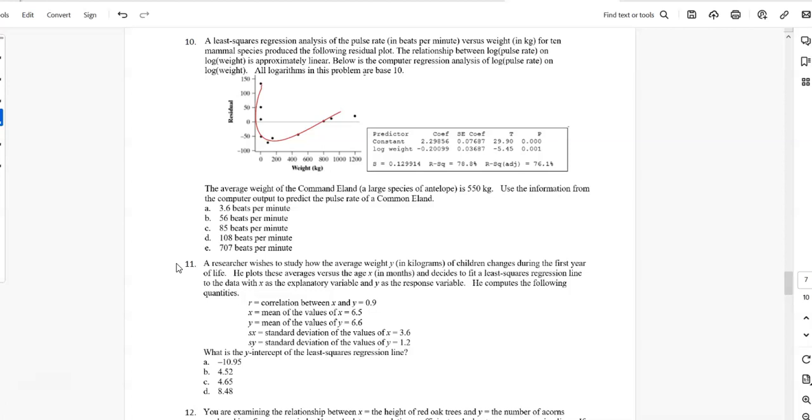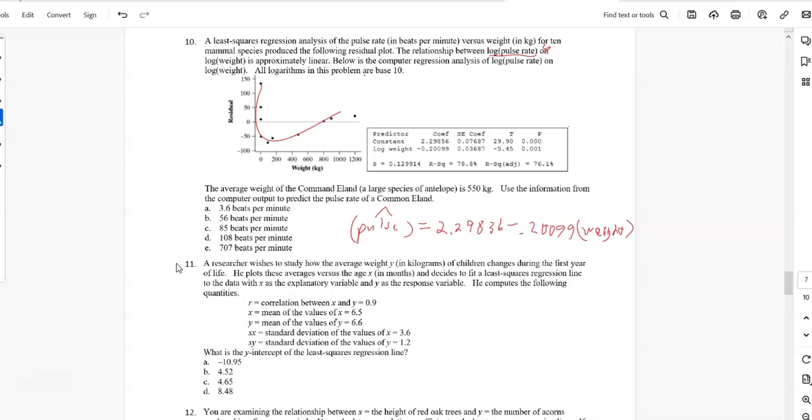Okay, so again, weight was x, and pulse with the weight is the y value. I just had to think about it. So the predicted pulse rate is equal to 2.29836 minus the slope of 0.20099 times x, which was the weight.